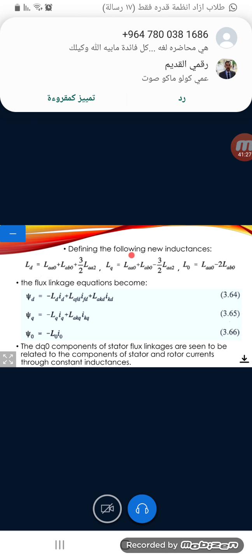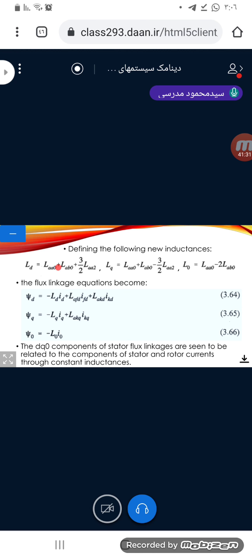Defining the following new inductances, LD is equal to LAA0 plus LAB0 plus 3 divided by 2 LAA2.